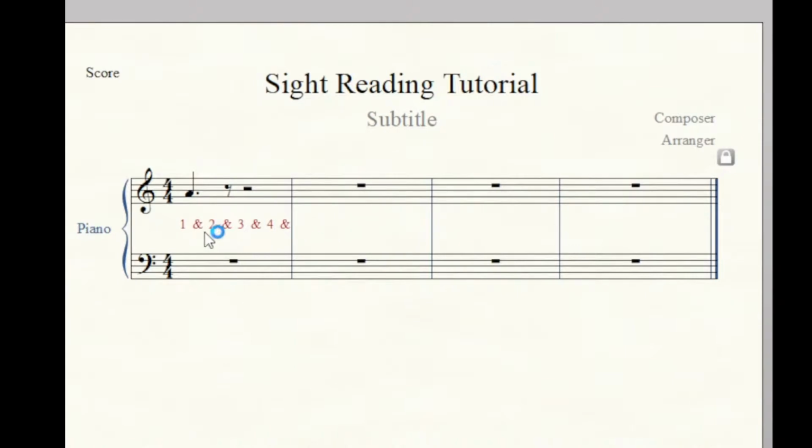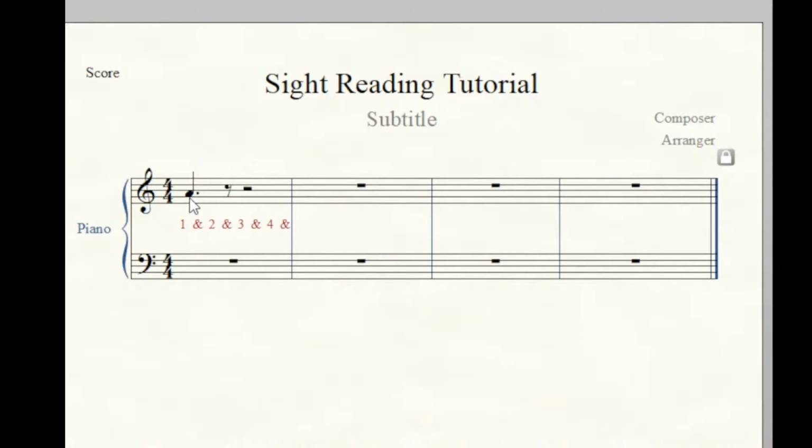So you would be counting in eighth note increments, because this is subdivided into a quarter plus an eighth. Now, the more you sight read, the less you'll have to count every single eighth note of the beat.